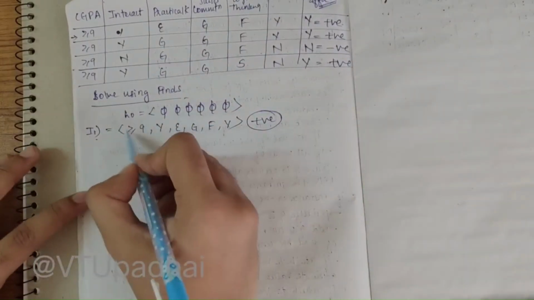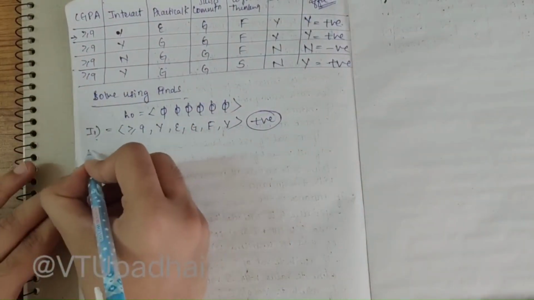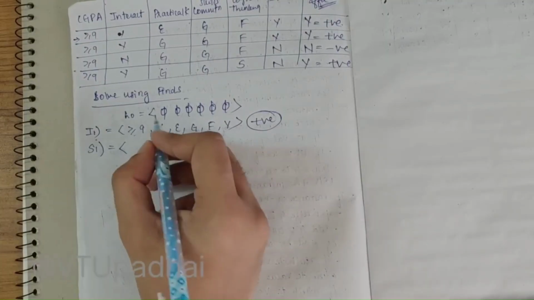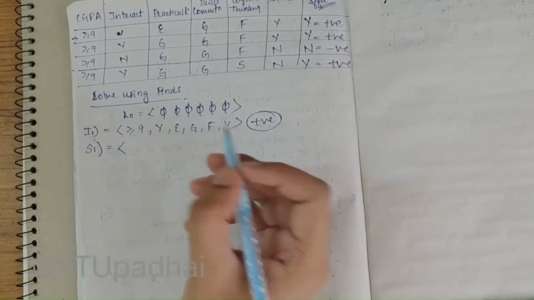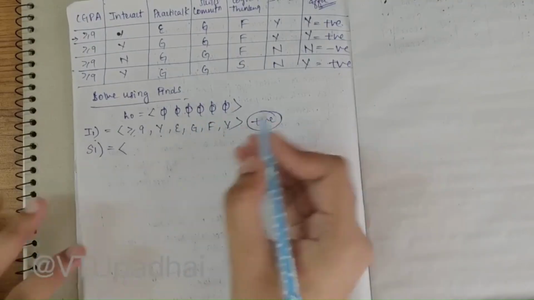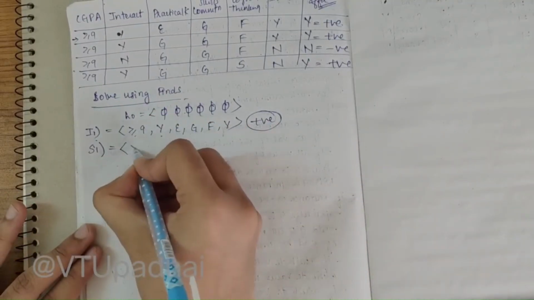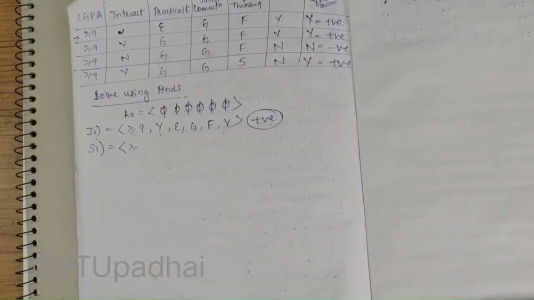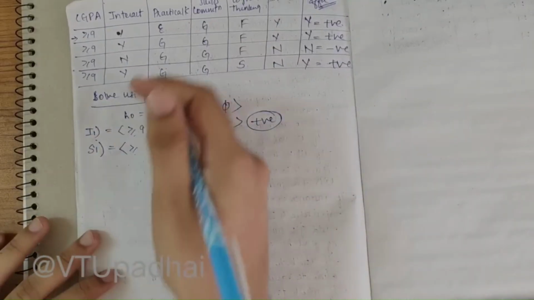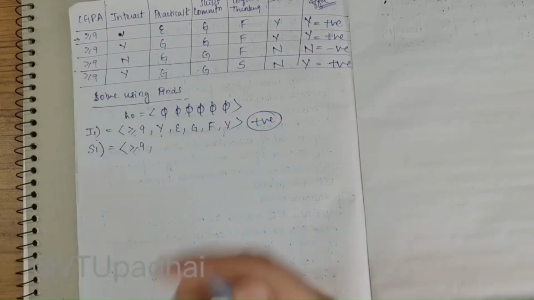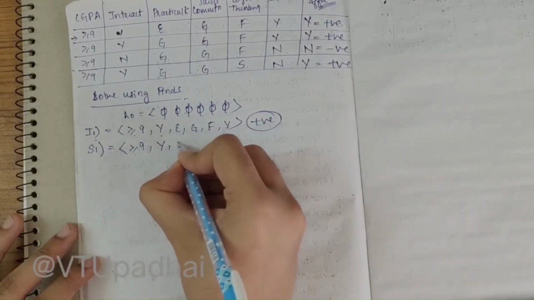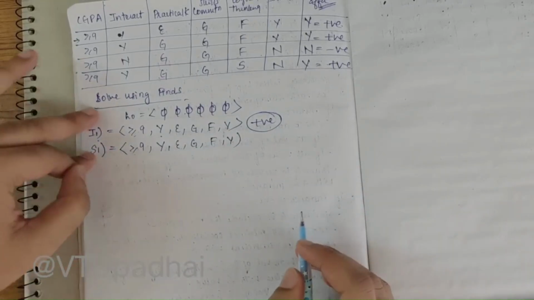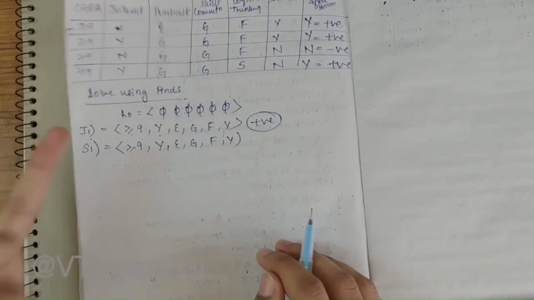So here, if I compare it with H naught, I'll write the value as S. Here phi is there, so I'll get the same I1 values as they are. Phi says that the attribute can't take any value, but when we compare it with the first instance, it can take these values, so we update it: 9, Y, E, G, F, and Y. So I'm done finding the first H1 or S1 value.